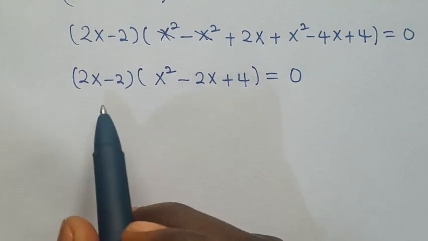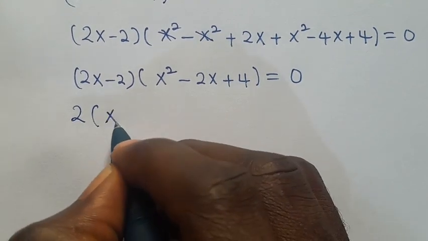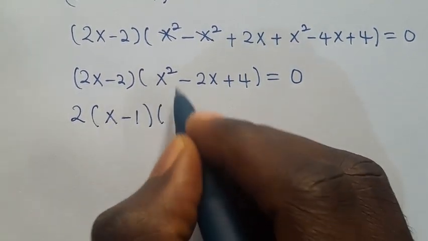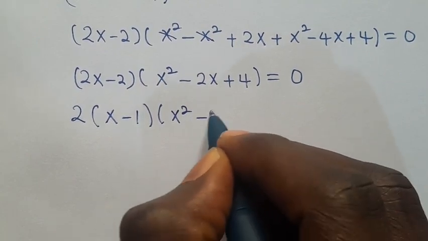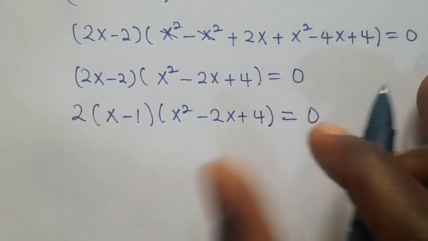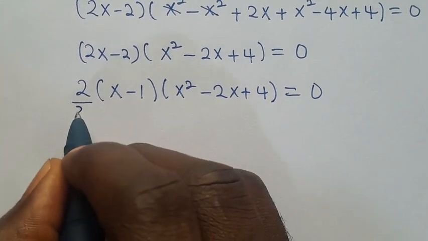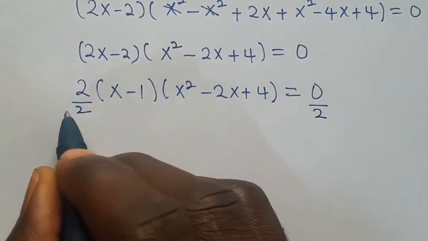So from here we can factor 2 out. So here will be 2 outside, then (x minus 1), then (x square minus 2x plus 4) equals 0. So dividing through by 2, this and this will cancel.